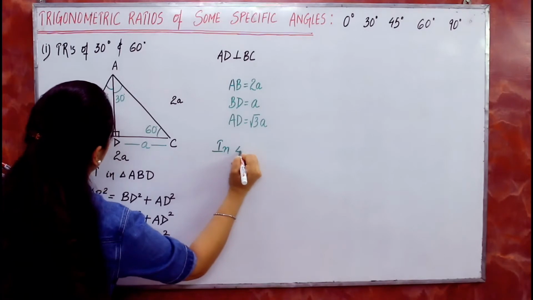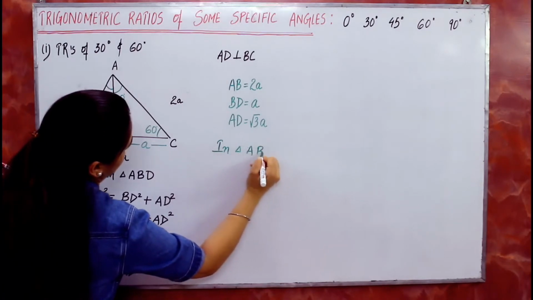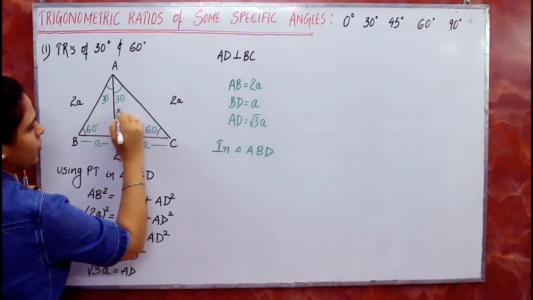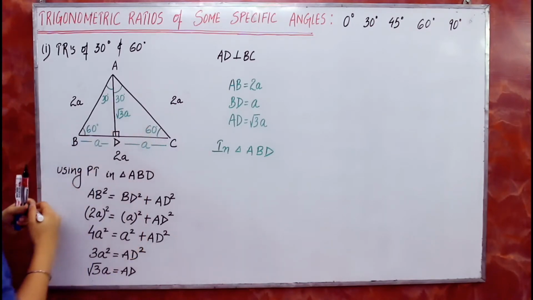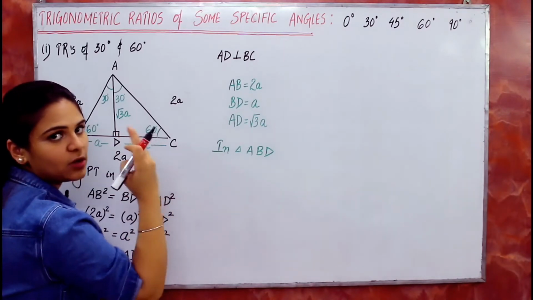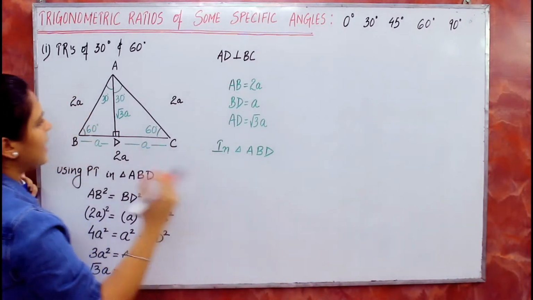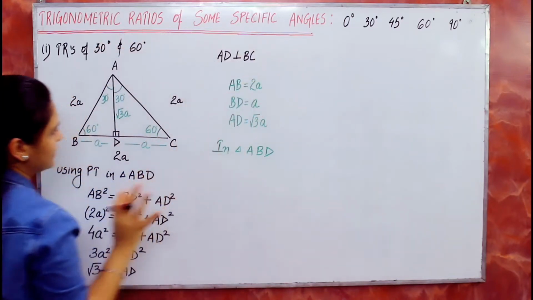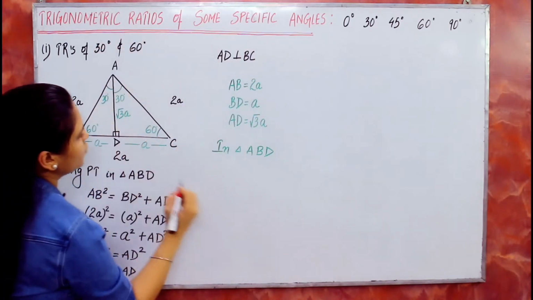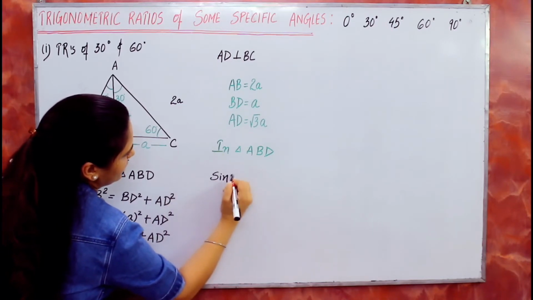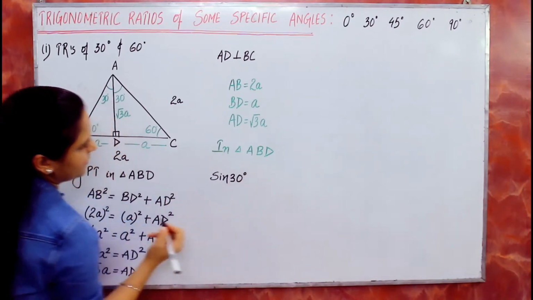In triangle ABD, we know the values of all the sides, and by using the formulas of sine, cos and tan, we'll get the values of these specific angles. Firstly, I'll find for 30 degree.